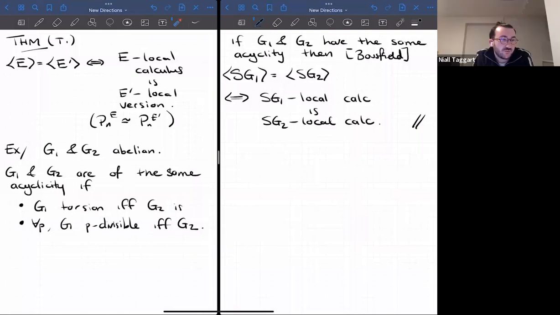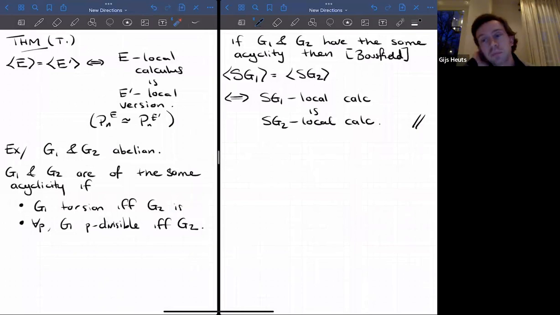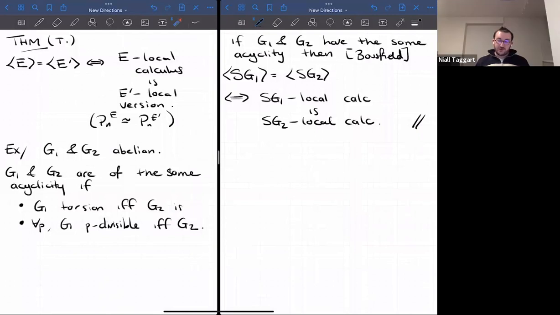So you can, for example, recover, if you have a functor from spaces, you take a suspension spectrum, that gives you a functor to spectra. You can recover the derivatives of your underlying functor, the one on spaces, from a cobar construction on the ones on spectra.